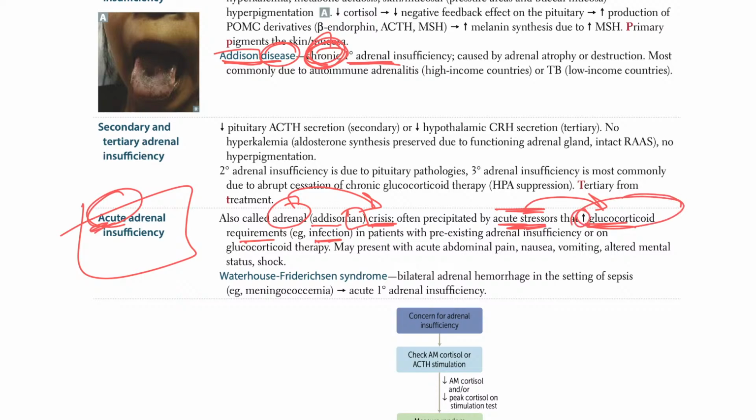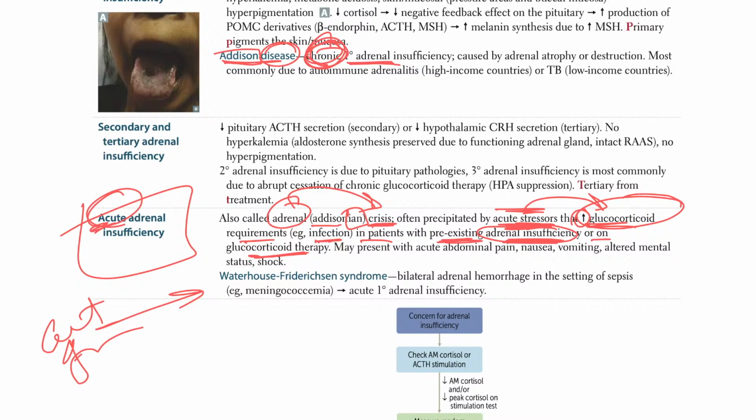You need that, right? So when patients go into acute stress but have pre-existing adrenal insufficiency, or they are on glucocorticoid therapy, meaning they're taking cortisol, a glucocorticoid, from outside, or their adrenal insufficiency is already present, what's going to happen to those patients?